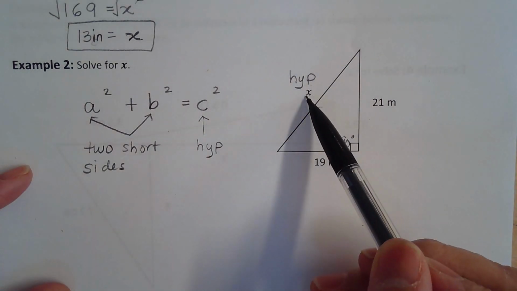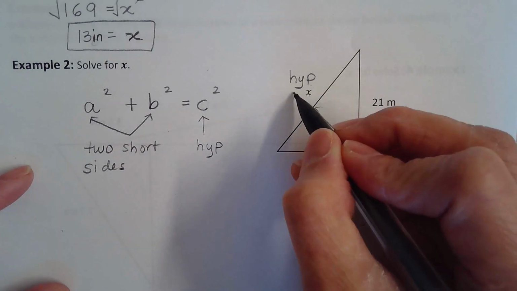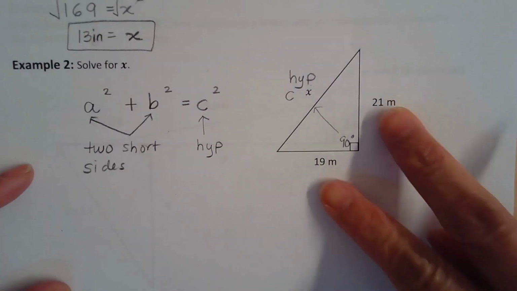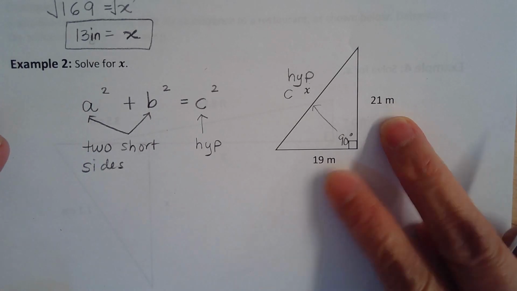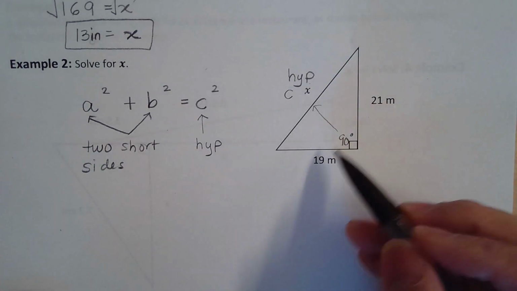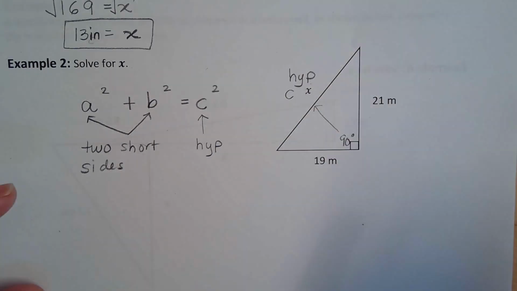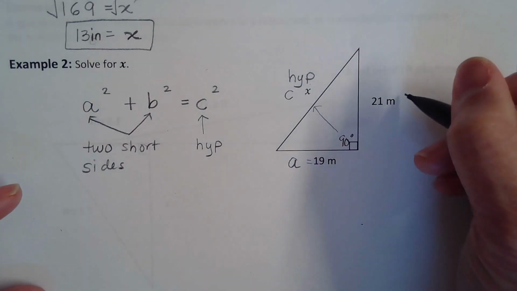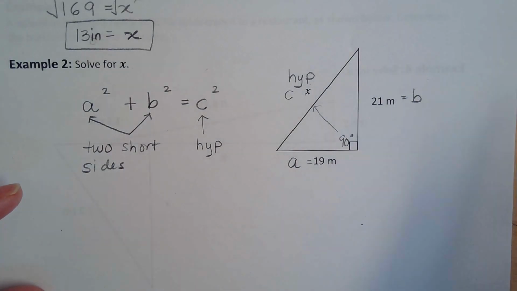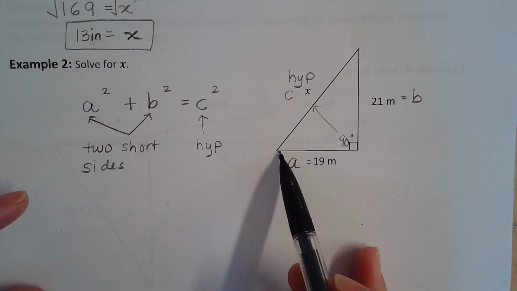So the hypotenuse is the C. Then these two are going to be the A and the B. In this case, A and B could be interchanged, so we can call this our A and this our B. Can you see A and B?